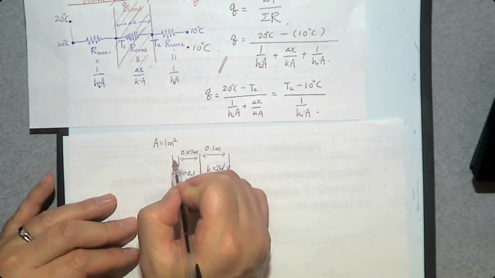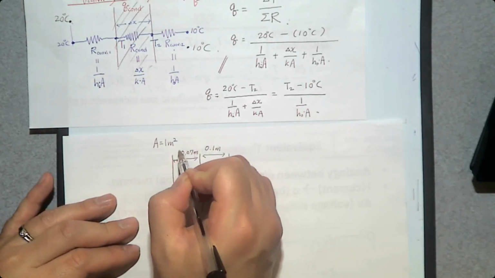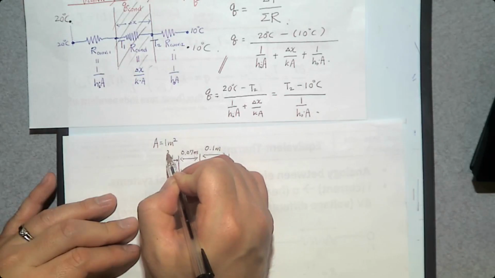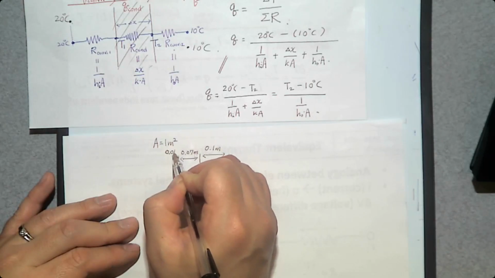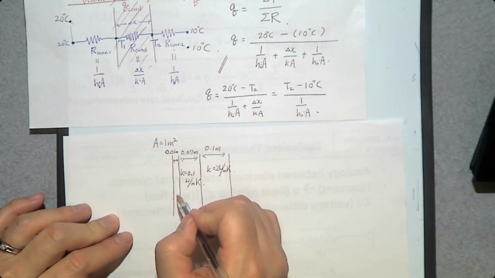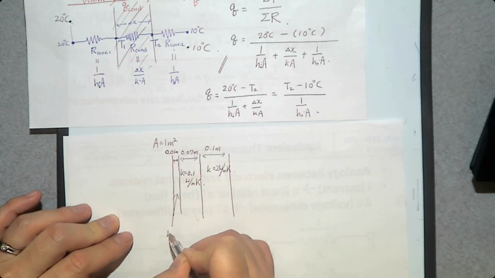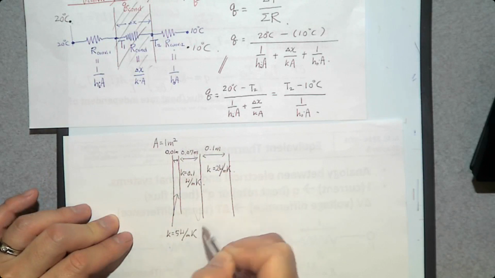So this drywall has a thickness. How thick? Maybe 1 centimeter, 0.01 meter, whose thermal conductivity may not be as good as this insulation. So K is going to be a little high, maybe 5 watt per meter Kelvin.